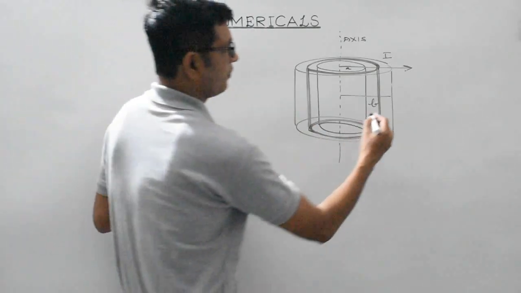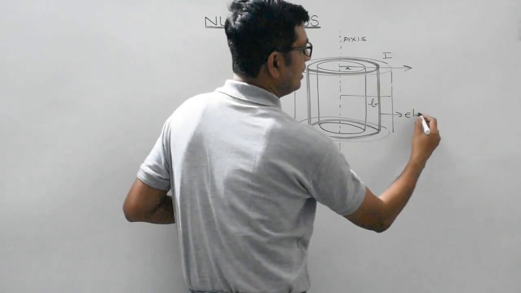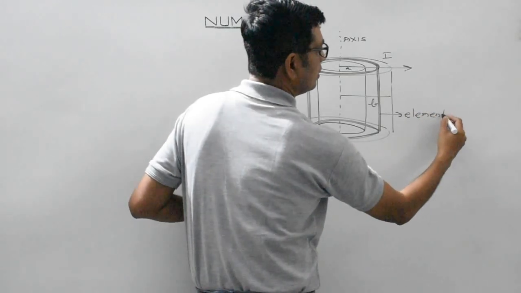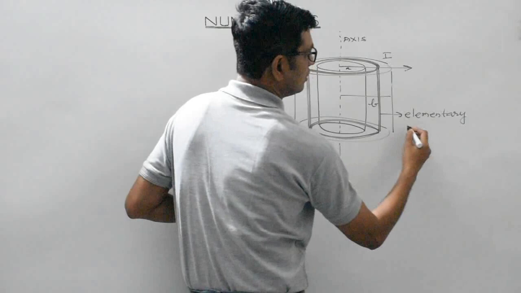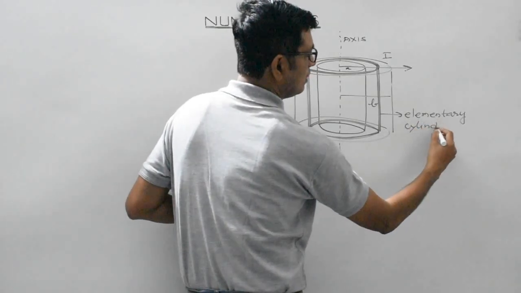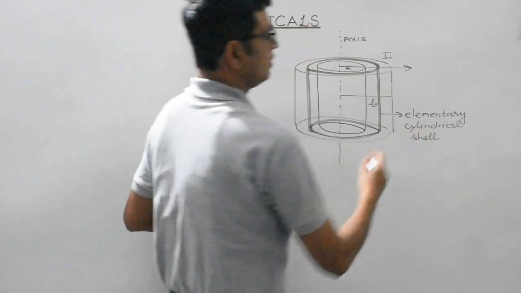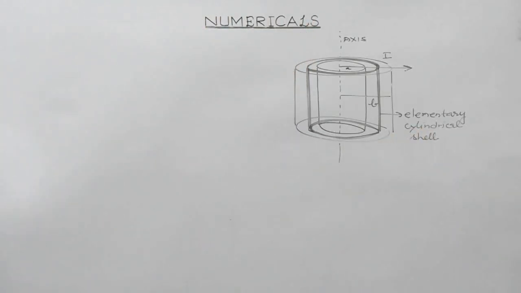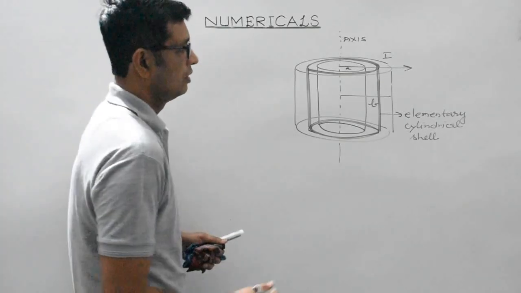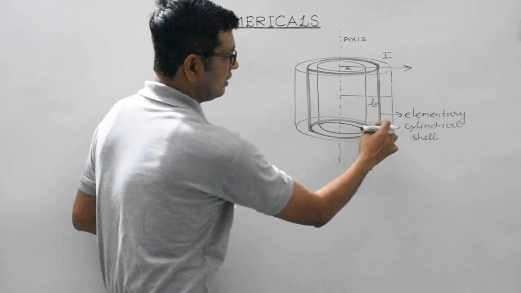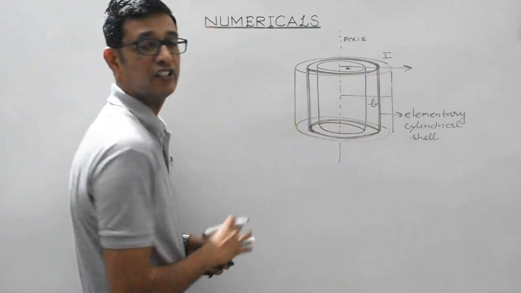So this is an elementary cylindrical shell. Right, students? So what we do is, we will try to find the resistance offered by this elementary cylindrical shell.